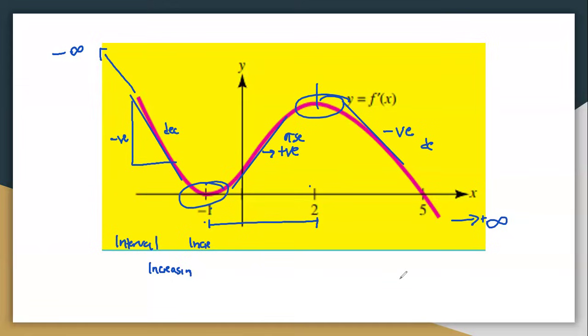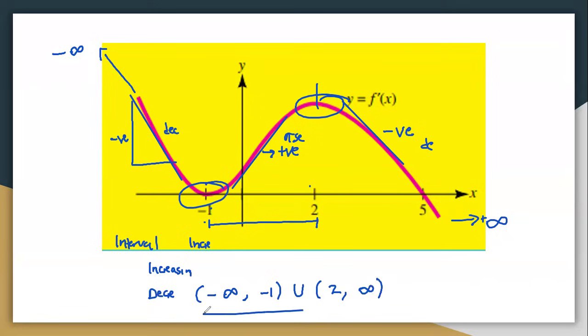In case I'm looking out for my decrease, take note. The increase is between -1 and 2. Is that okay, members? In case I'm looking out for the decrease, it is between negative infinity up to when I reach -1, union 2 up to positive infinity.